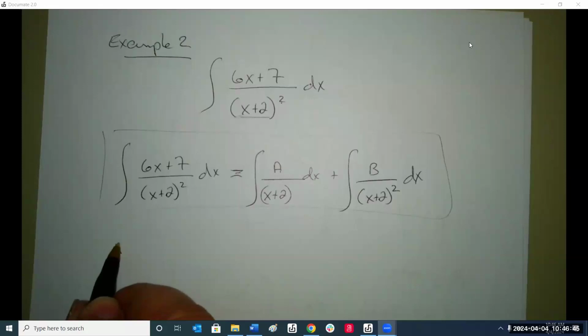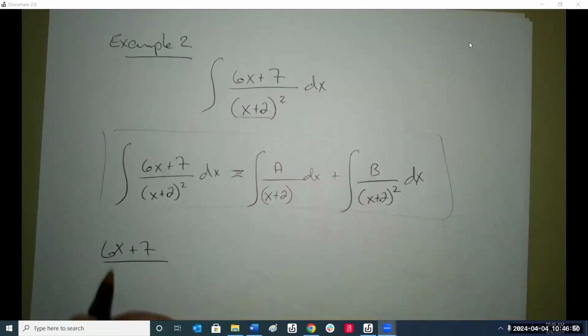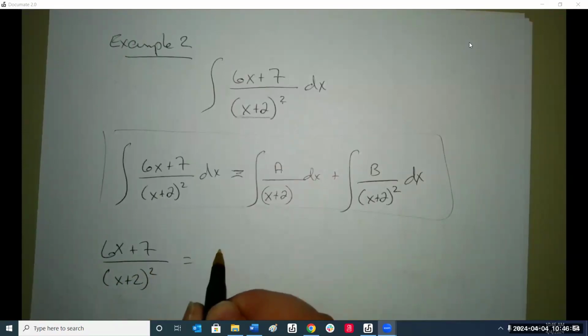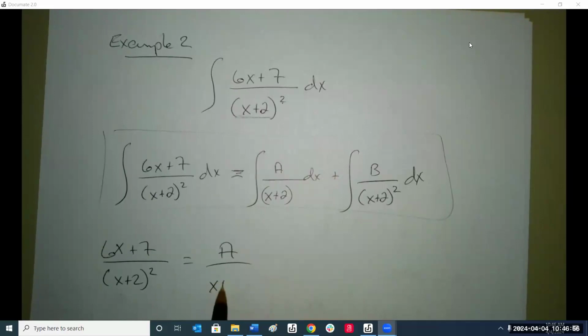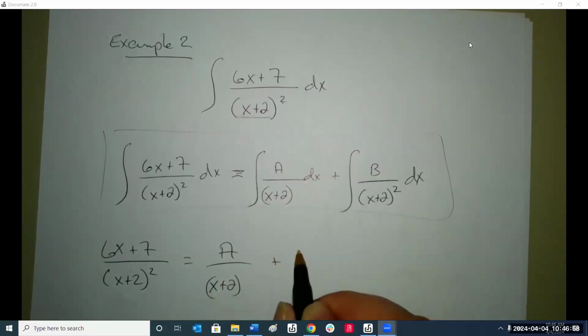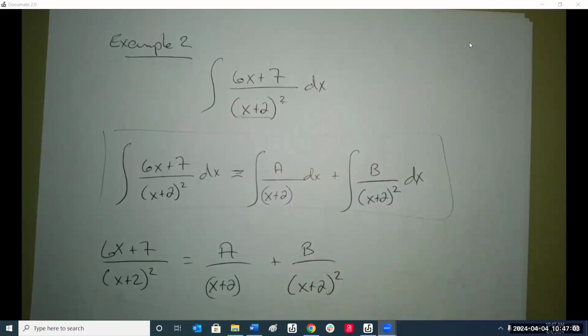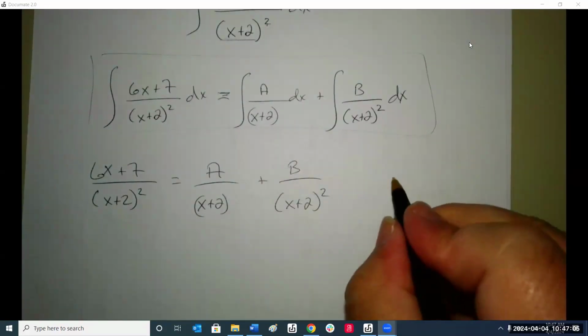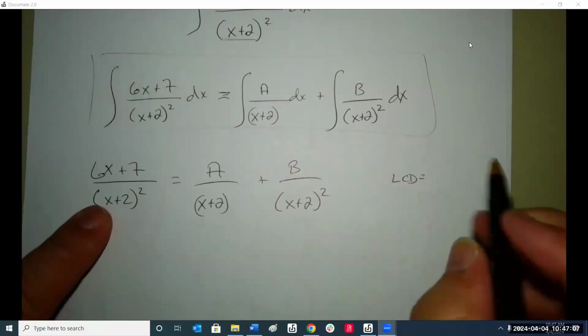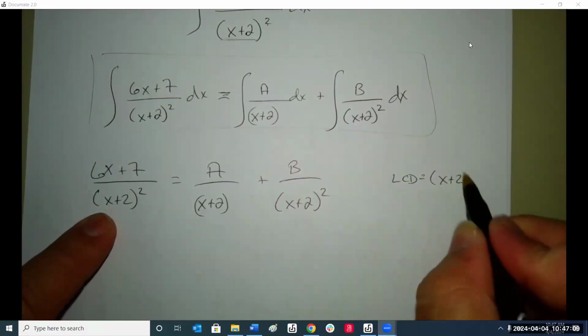What I have to do is solve for A and B. 6x + 7 equals A(x + 2) + B. The LCD is always this one, so it's (x + 2) squared.